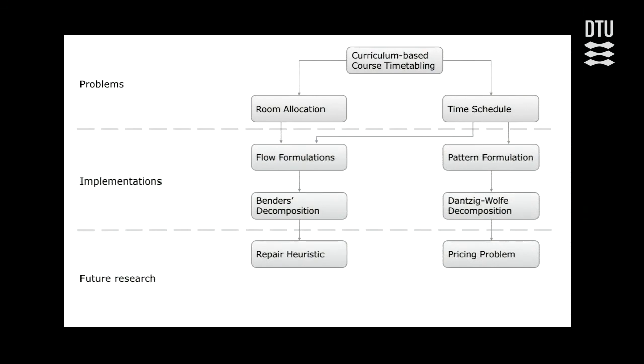And I hope in the end I will be able to combine the Dantzig-Wolfe decomposition with these Benders cuts so I can create a branch-cut-and-price solver that will solve any curriculum-based course timetabling problem in the world. That's my goal. I'll see if I can make it before I die.